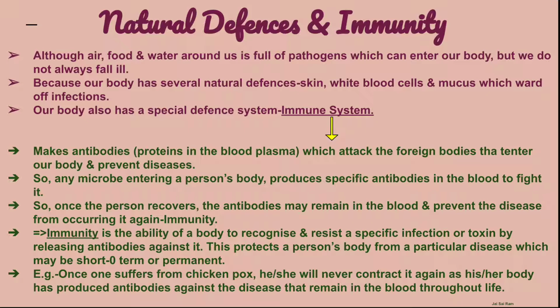Any microbe entering a person's body produces specific antibodies in the blood to fight it. Once the person recovers, the antibodies may remain in the blood, and this helps in preventing the disease from occurring again.